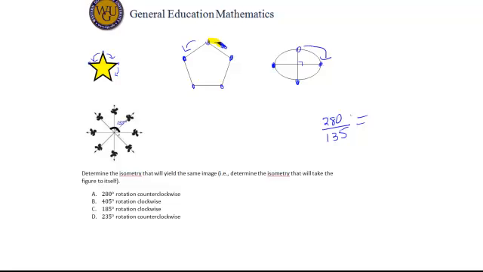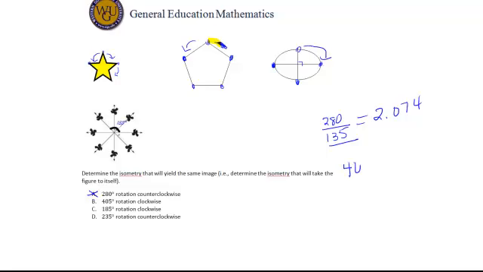So we have 280 divided by 135, and I'm coming up with 2.074 and so on. So this does not work, because 135 is not a factor of 280. We're left over with some decimal or remainder. So we can cancel that one out.